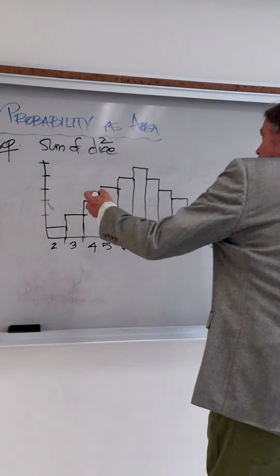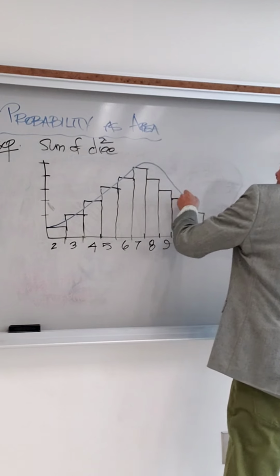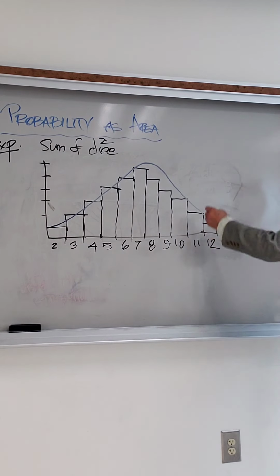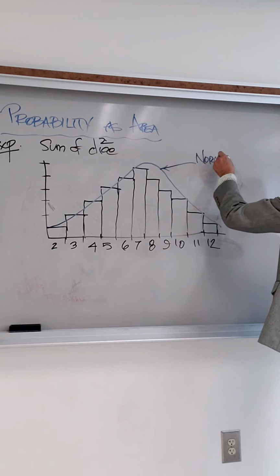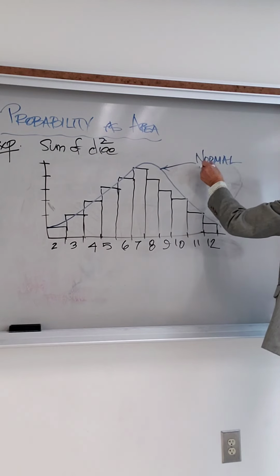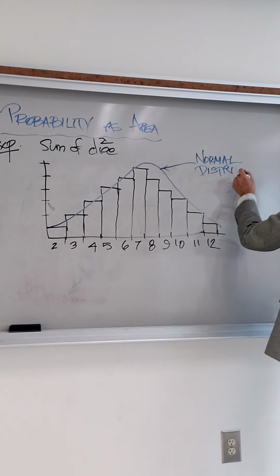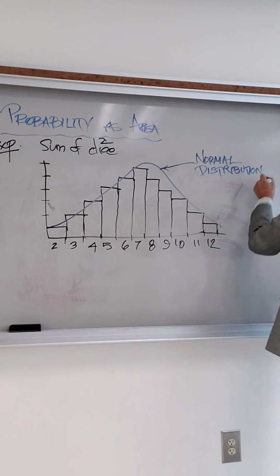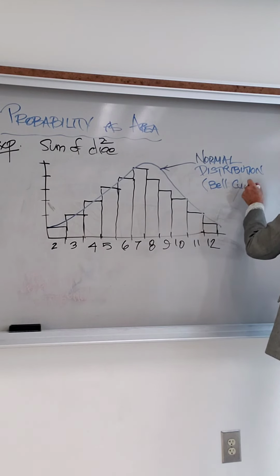So in probability theory, we sketch this out so it looks something like that. That is called a normal distribution. Or, as most people call it, the bell curve.